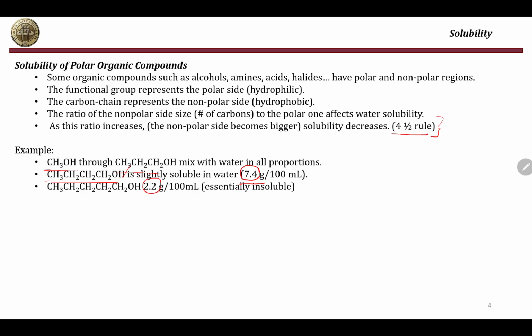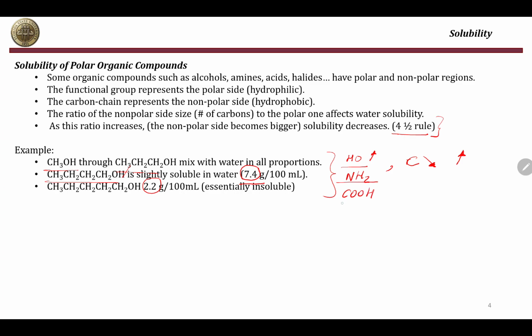In general, in the case of alcohols, increasing the number of OH groups will increase the solubility of this compound in water, because we are increasing the size of the polar area. Also, reducing the number of carbons in a compound will increase the solubility of a compound. And this also applies for amines and also for carboxylic acids.